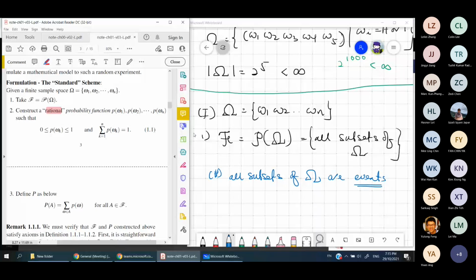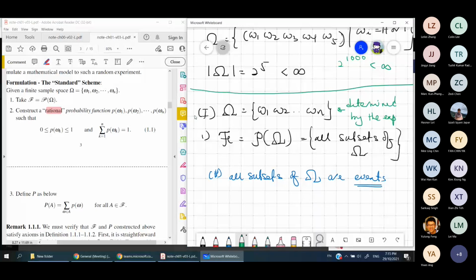First of all, I think this is clear. This capital omega depends on your experiment, so you can determine it by the experiment. You can always identify your omega. This one we can fix, since we for sure know it based on the experiment.